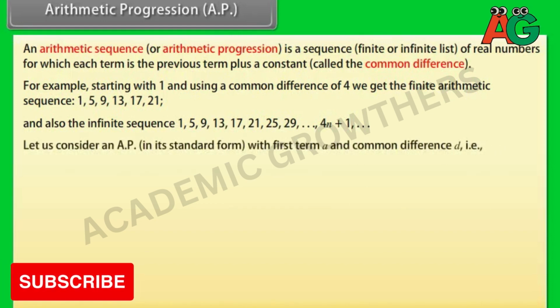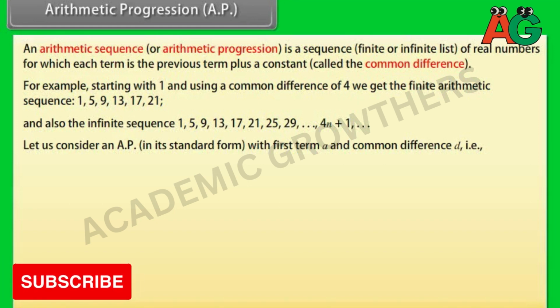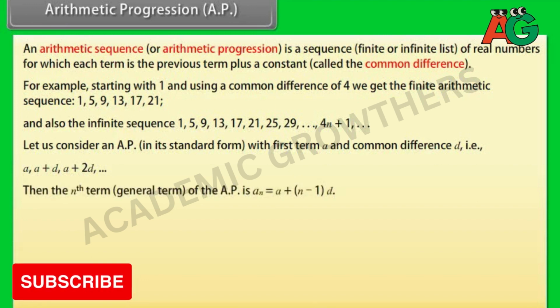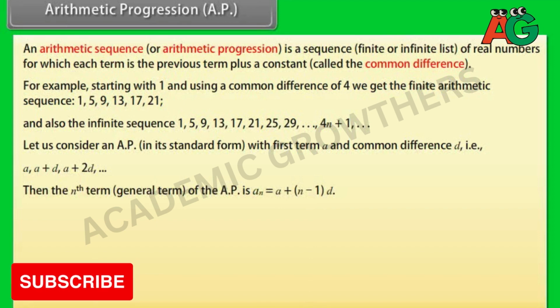Let us consider an AP in its standard form with first term a and common difference d, that is a, a + d, a + 2d, and so on. Then the nth term, that is general term of the AP, is an = a + (n - 1)d.